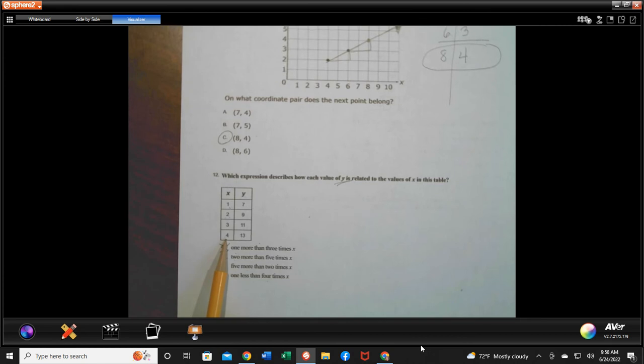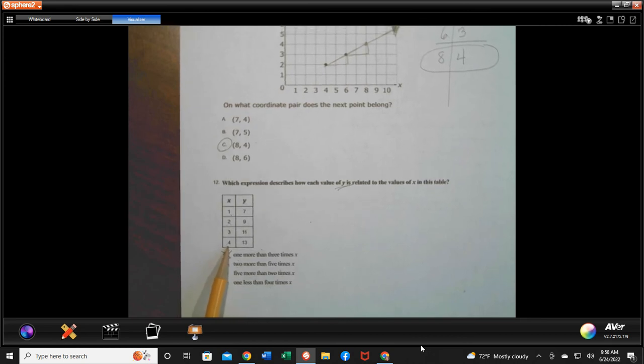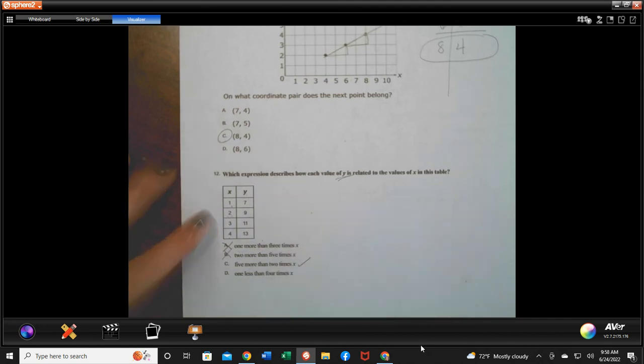So 5 times x, so 5 times 4 would be 20, plus, oh, wait a minute, 5 more than 2 times x. So 5 more, sorry, I got this one backwards. 5 more than 2 times x. So 2 times 4 would be 8, plus 5 more would be 13. So yes, it did work on both of them.